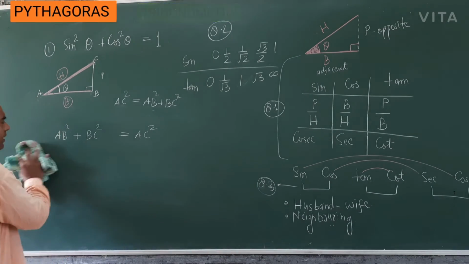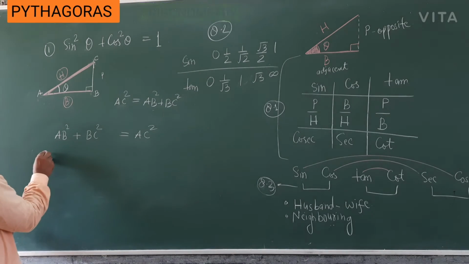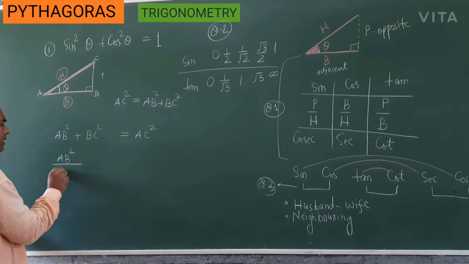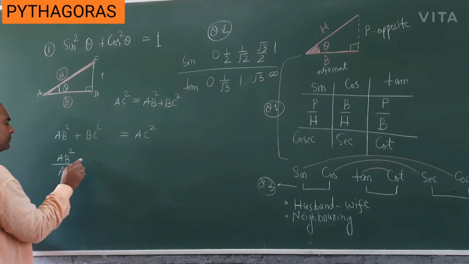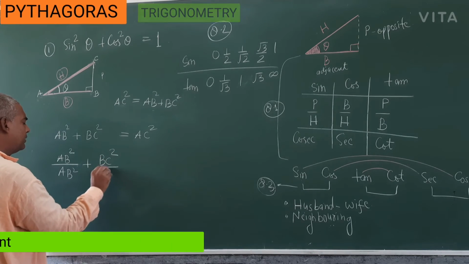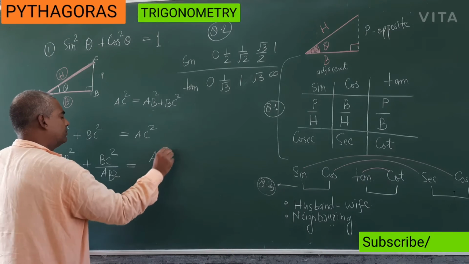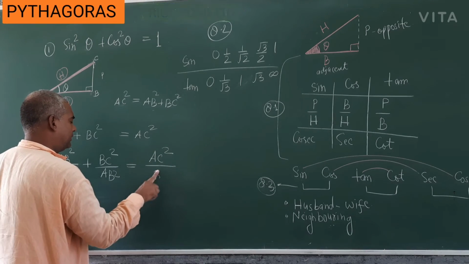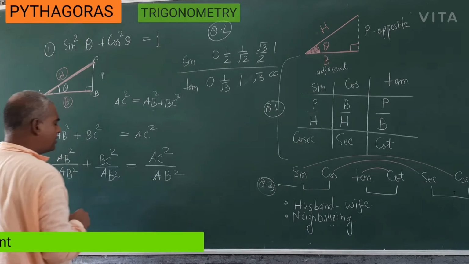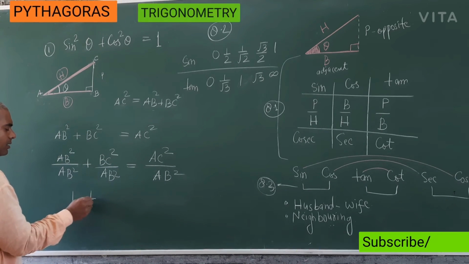If you divide by AB square, suppose I divide by AB square, so AB square upon AB square plus BC square upon AB square. In this case what you have got, this is 1 and this is what?